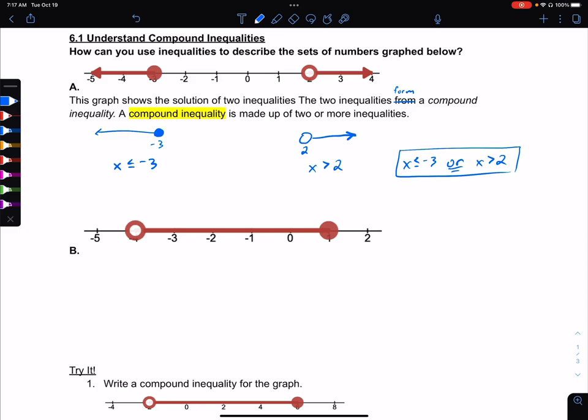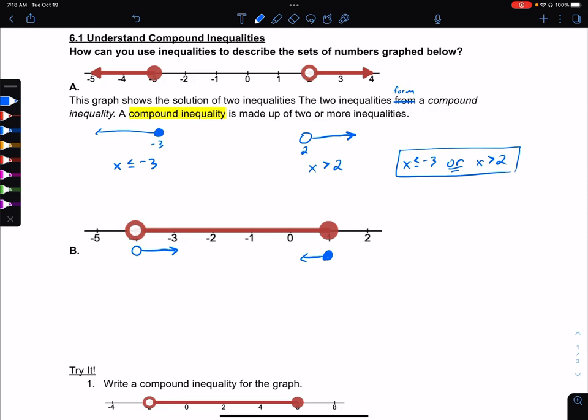Now in part B, notice that we have the two circles and they go towards each other. There's no arrows going outside. But if we were to think about them as arrows, that one would go to the right, and this one here would go to the left. They're both considered boundaries. One of them stops the other one in a way.